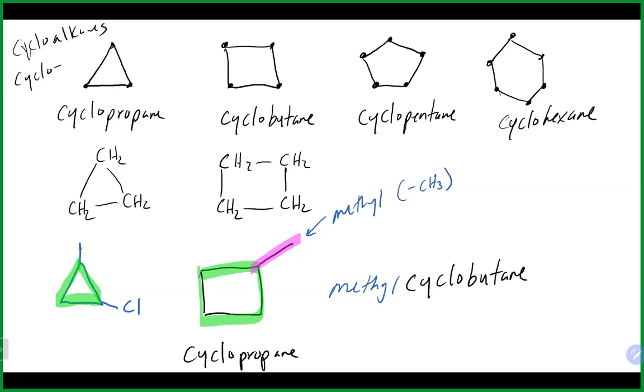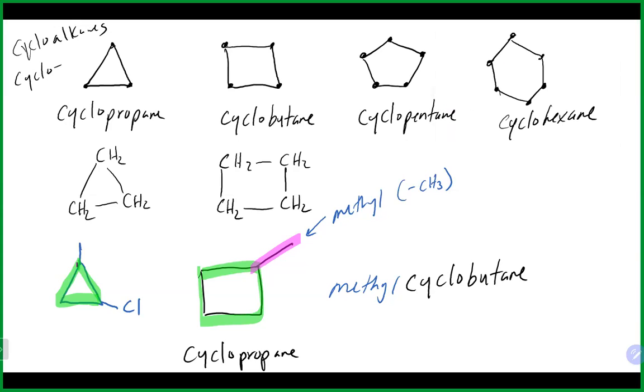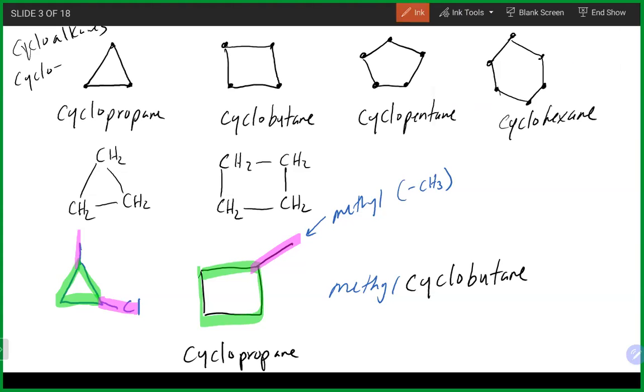But now we actually have 2 groups attached to this. We have our methyl group, which is just a line, and we also have our chlorine group here. So we have 2 different groups attached.